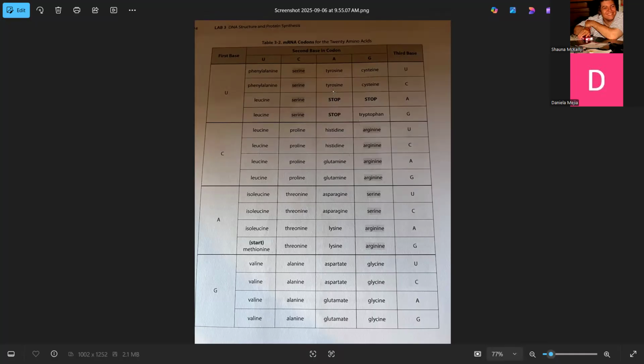Then the second base is C. And the third base is also C. So C, C, C, that would be proline right here. That would be proline.